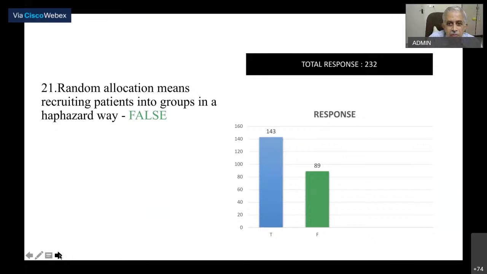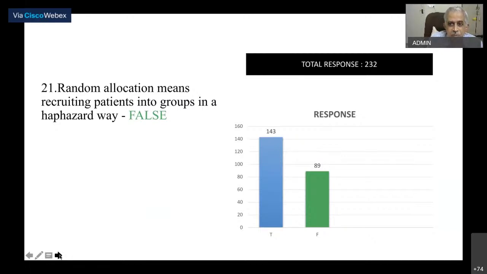When you don't want to bias your selection, you may use a random number, either a lottery number, or you can pick every fourth, every fifth, or in your OPD every third patient you will allot, something like that. So that is random selection. Random allocation comes in RCTs where you allot patients into 2 or 3 groups, whatever group you want.